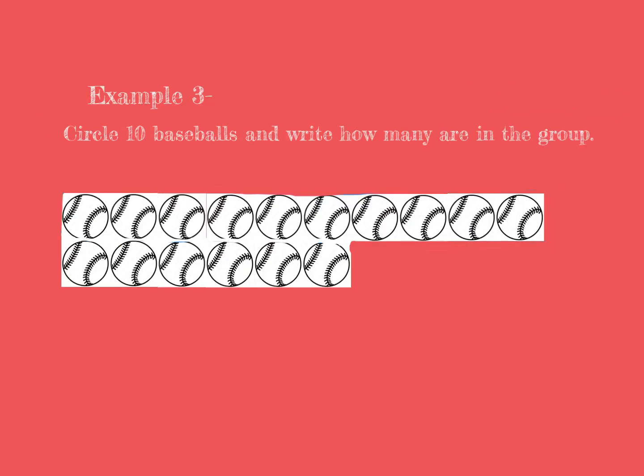Our last example is to circle 10 baseballs and write how many are in this group. First, we're going to count out 10 baseballs. 1, 2, 3, 4, 5, 6, 7, 8, 9, 10.